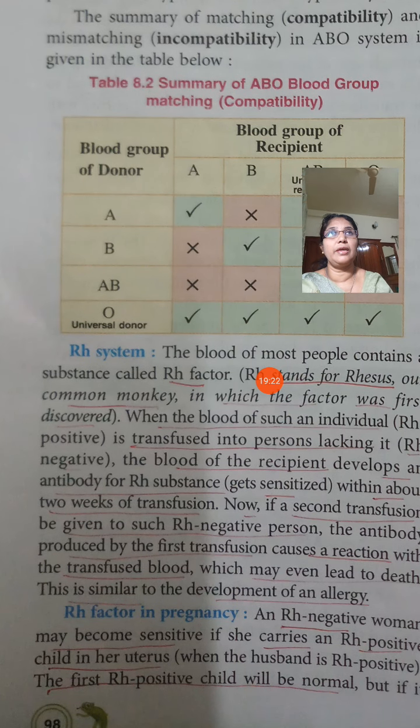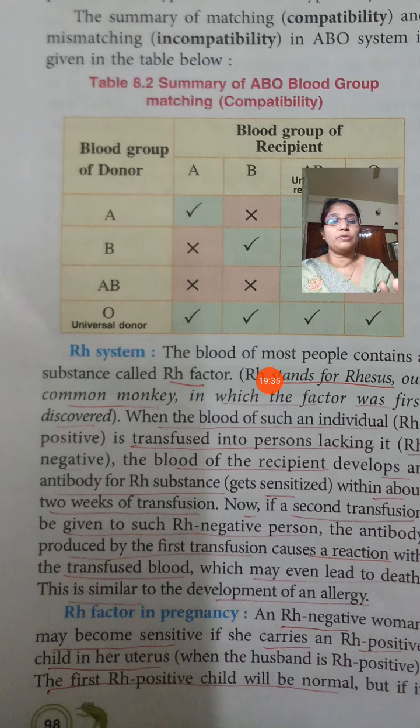After 2 or 3 weeks, his or her blood may produce an antibody, which may persist in his or her blood. Then if a second blood transfusion occurs, the antibody in the recipient's blood causes a chemical reaction, so that coagulation may occur that may lead to the death of the person.